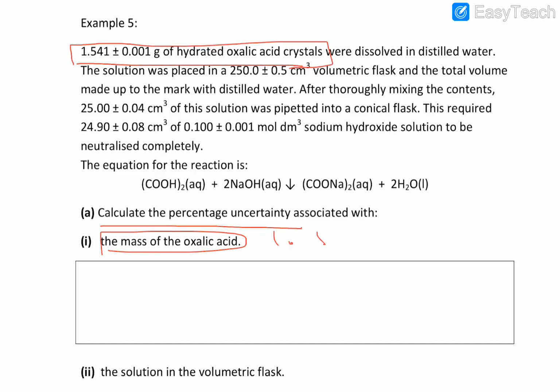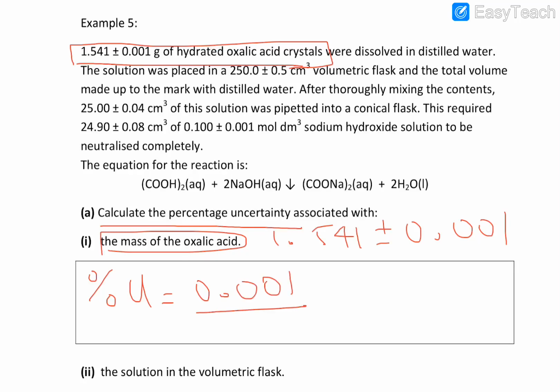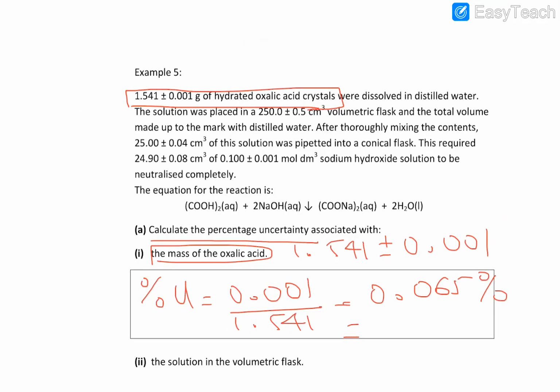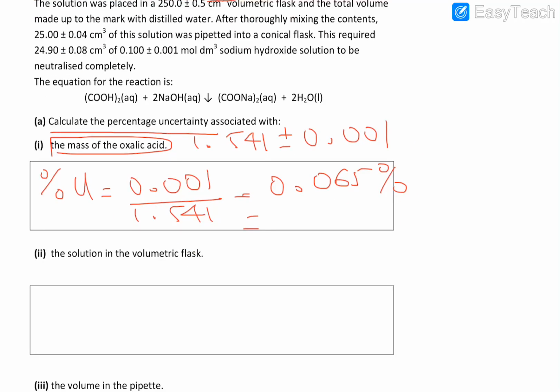So 1 point plus minus 0.001. So then the percentage uncertainty would be divided by 1 point, so that gives you 0.065%. I'm keeping the calculator values because I'm going to need them in the last question.